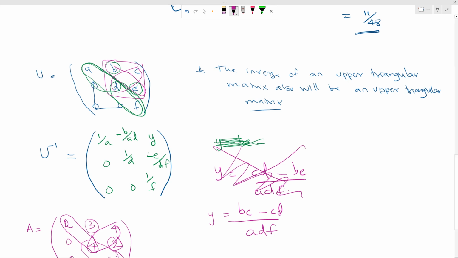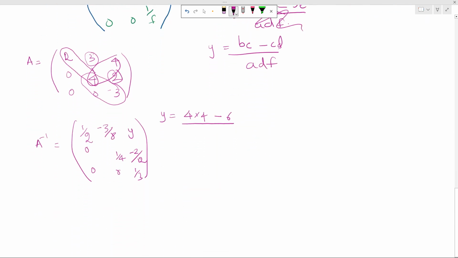Okay, so again if you apply this equation here, then it will become Y is equal to 6 minus 16 divided by the multiplication of these entries, 2 times 4 times 3, that will be equal to minus 10 divided by 24, that will be equal to minus 5 by 12.